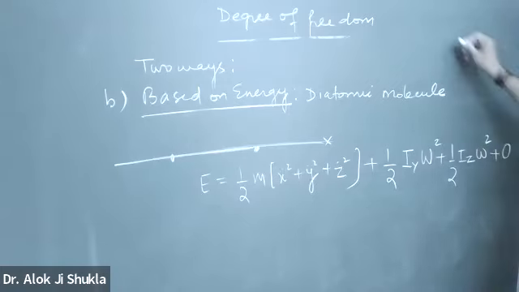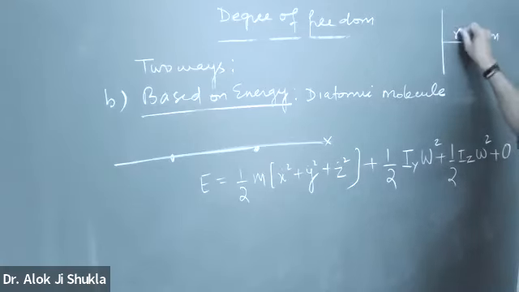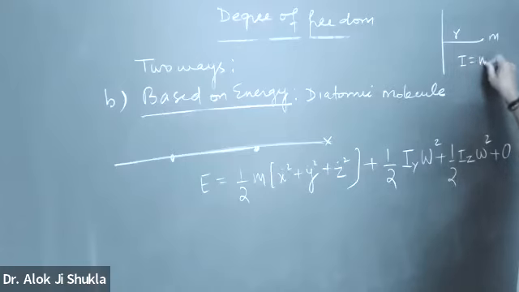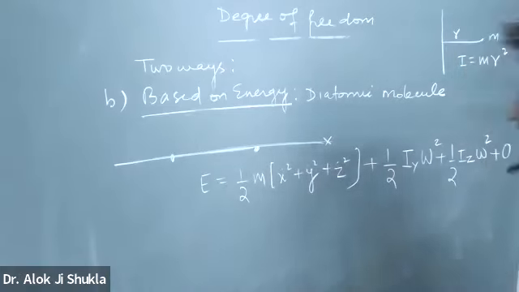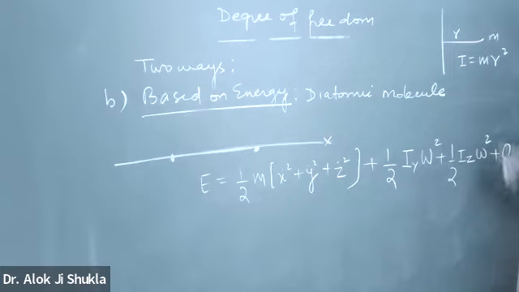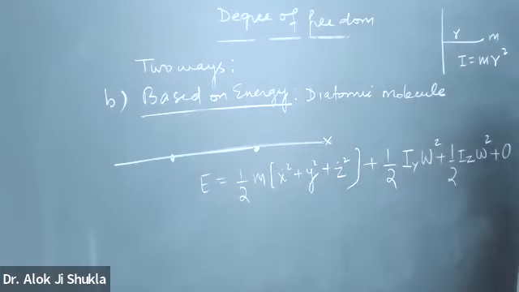Because what is moment of inertia? Suppose this is the axis and this is the mass. This is r. So we define moment of inertia as m r square. So here, because the mass lies on the axis itself, the contribution of moment of inertia will not be present.